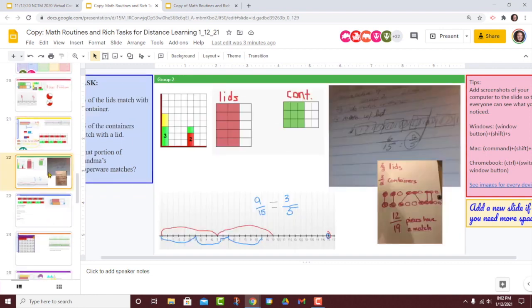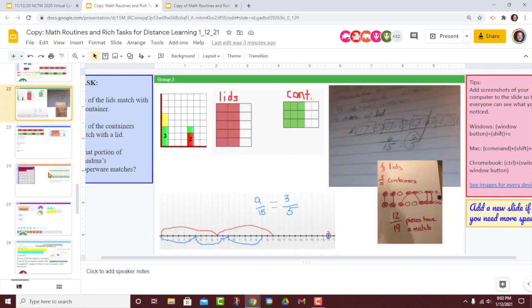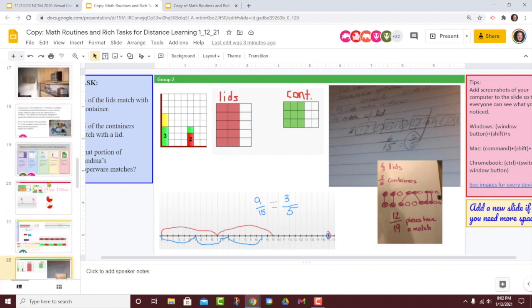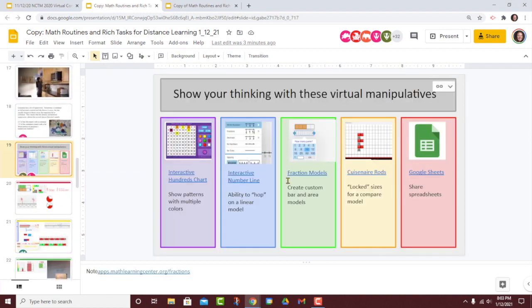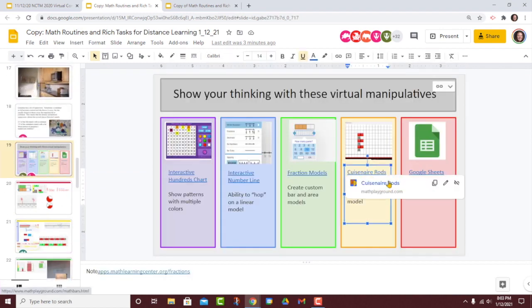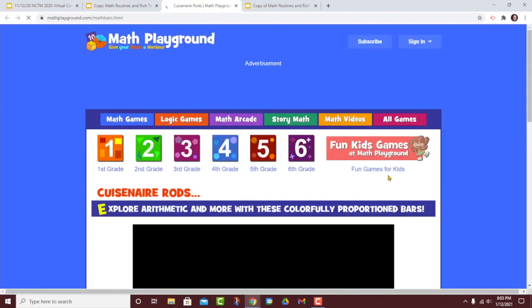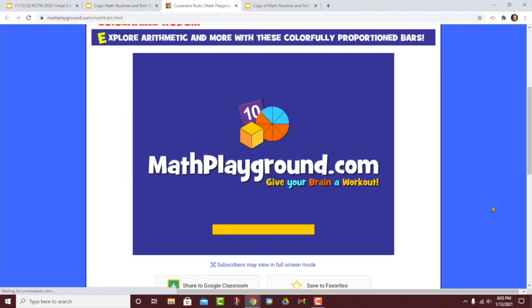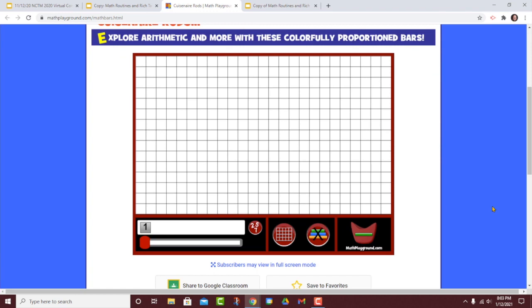What are some tips for helping students and teachers use the online Cuisenaire rod manipulative? Yeah, sure. The nice thing about Cuisenaire rods is it's some of the same things you've probably seen in the classroom, and they can stay that size.